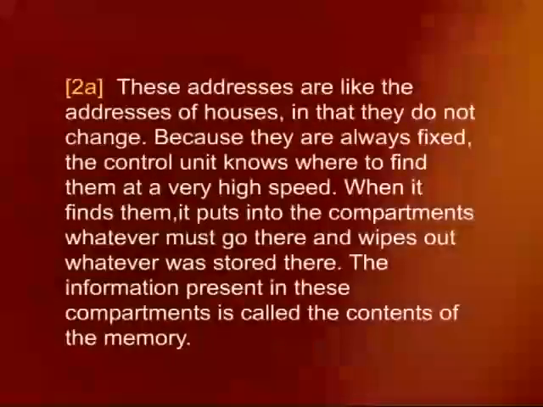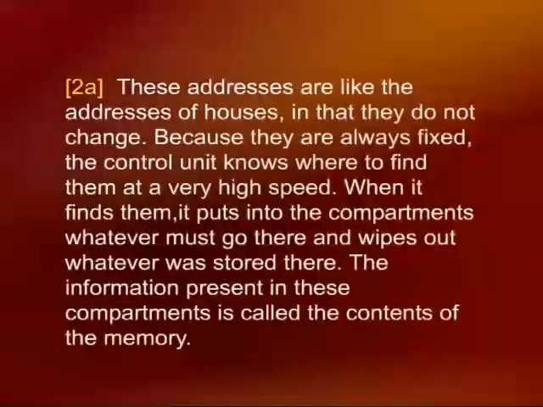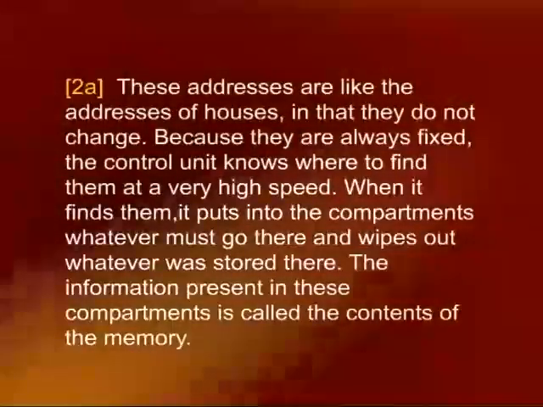This is made possible by the system of addresses in primary memory, where the storage locations are like a series of tiny compartments, each having its own address. These addresses are like the addresses of houses, in that they do not change.